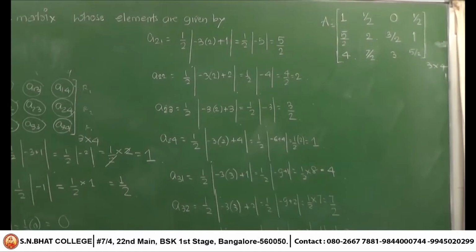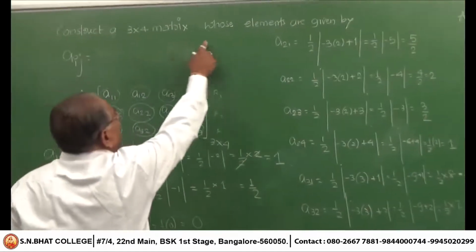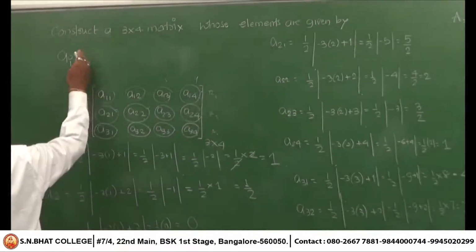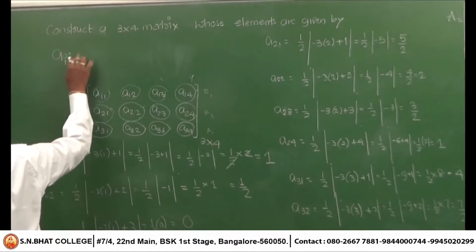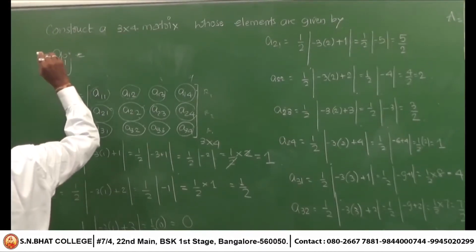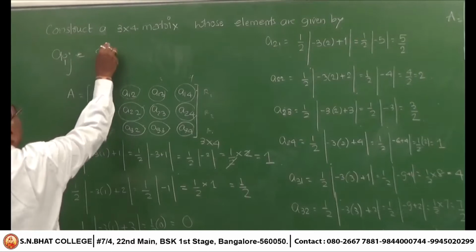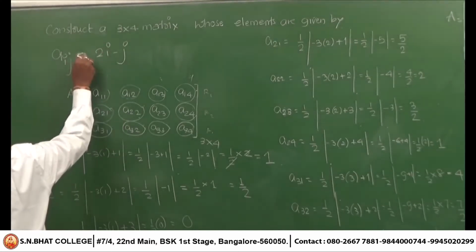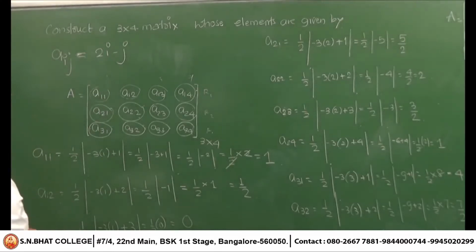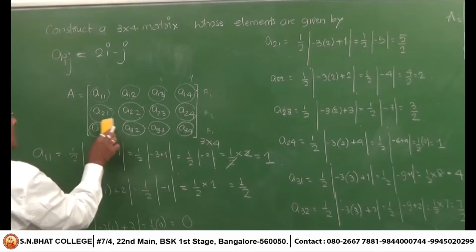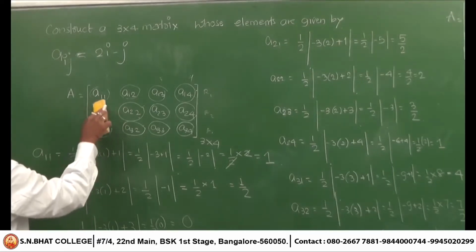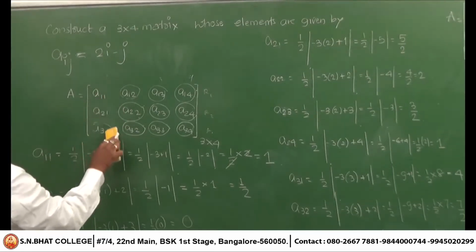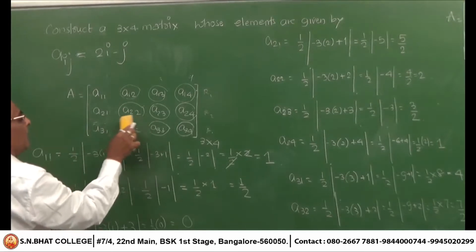Again, same: construct a 3 cross 4 matrix whose elements are given by Aij is equal to 2i minus j. Calculate all these things.